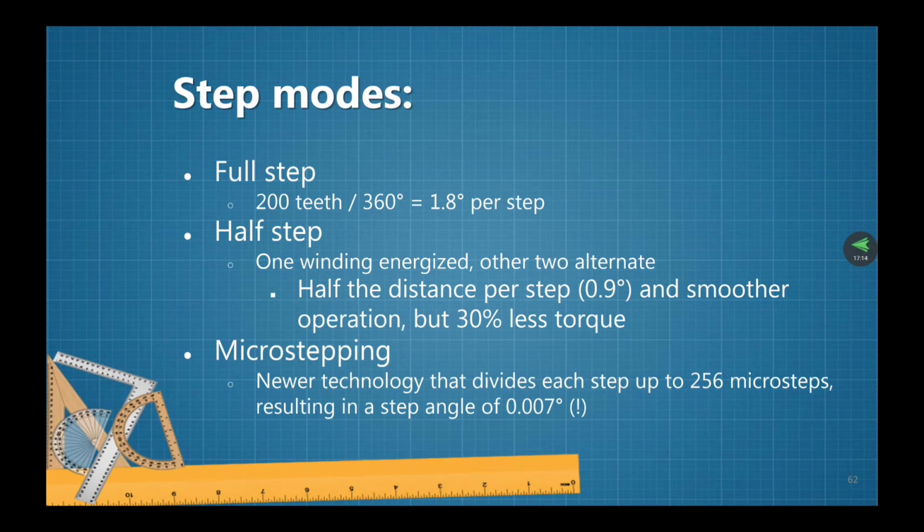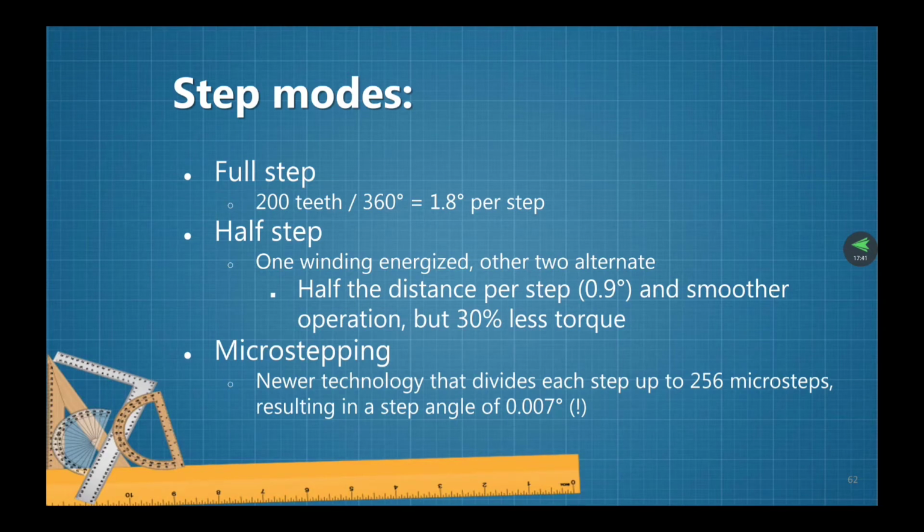Okay, this is the summary of the step modes. There is full step, half step, and microstepping. For the full step, for example, we have 200 teeth. We divide 360 degrees by it, so it would be 1.8 degrees per step.